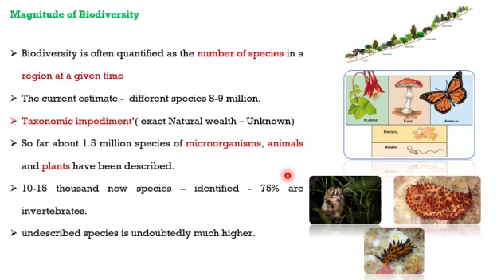It's very difficult, because only minor changes have to be identified to get a new species from a single group of species. So I hope you guys understood what the magnitude of biodiversity is.